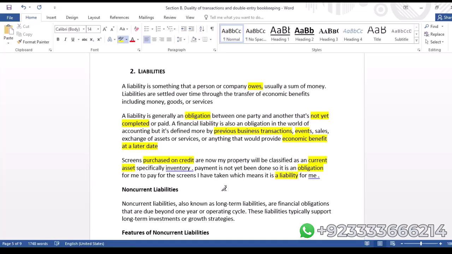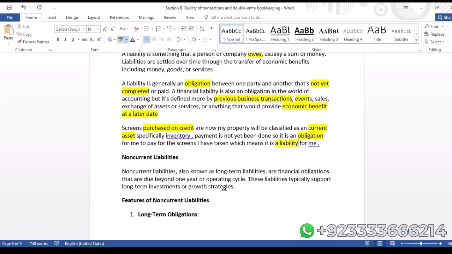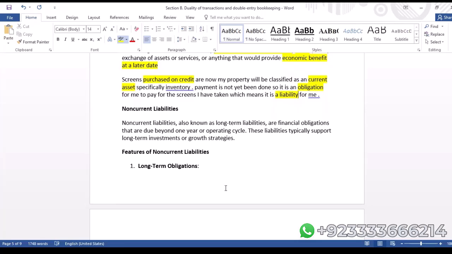So to understand liability in very, very simple words, it is a burden on you. It is a burden you have to carry, and in the short term or long term, you have to pay it back. You have to move the burden from you. So a burden is a liability for you. Let's move on to non-current assets, non-current liabilities.